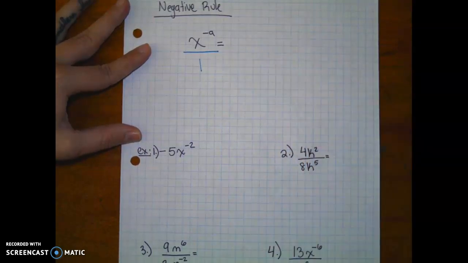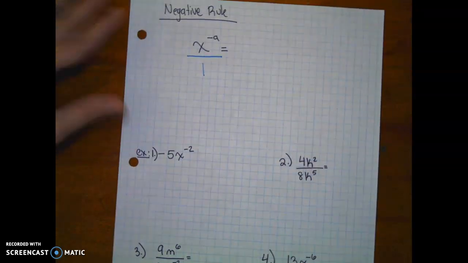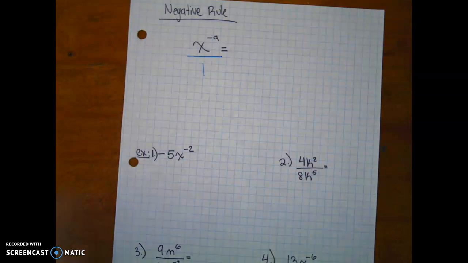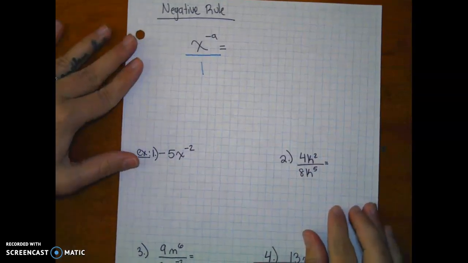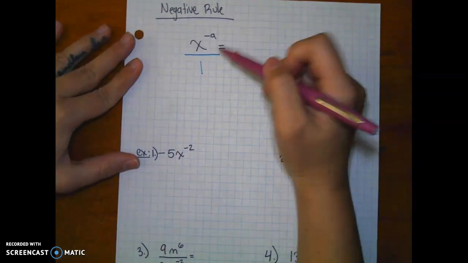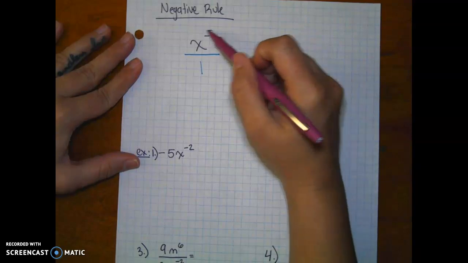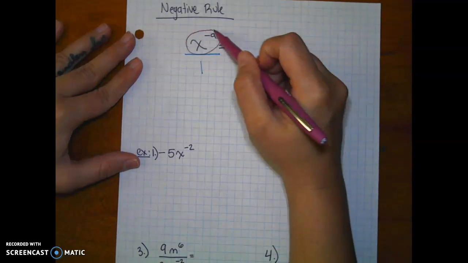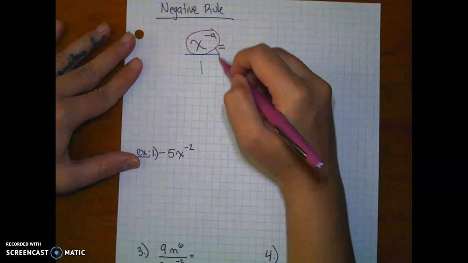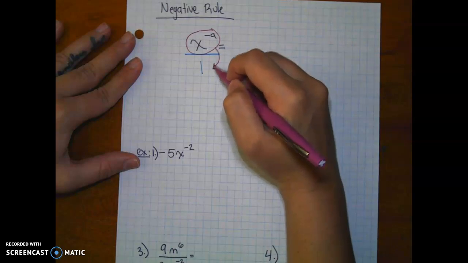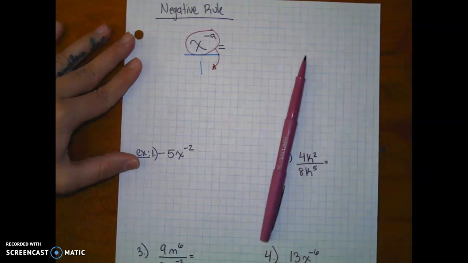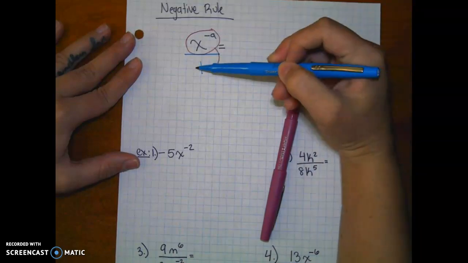What we need to do is, since we don't like negatives, and to do the inverse operation, which means the opposite operation, instead of having the negative on top, we're going to essentially move this whole x and its negative a exponent to the bottom and flip the 1 to the top. The reason why is because we need to flip them.